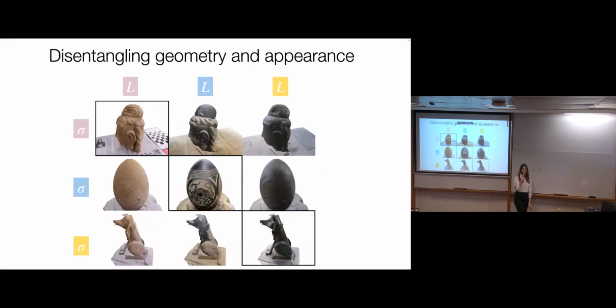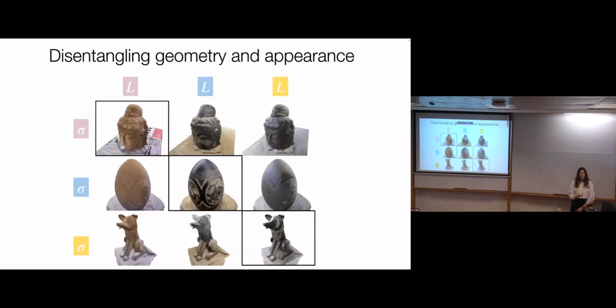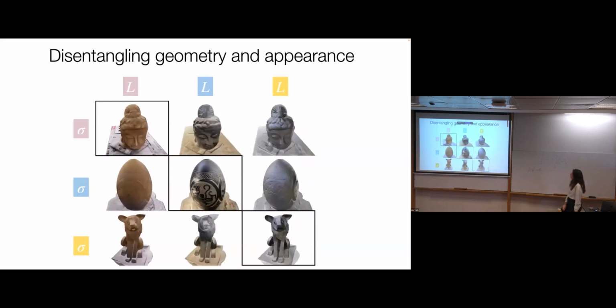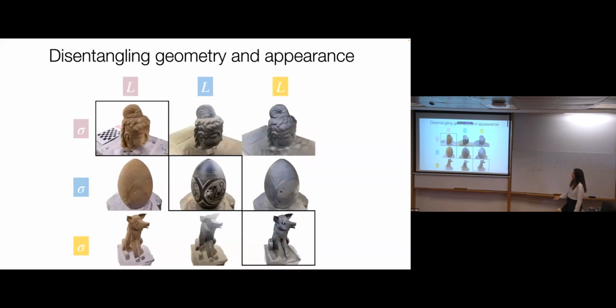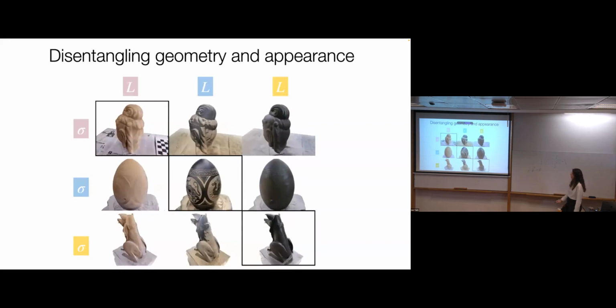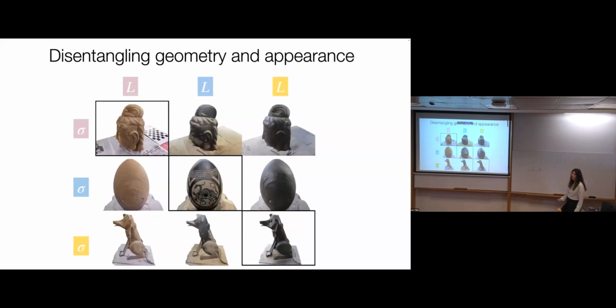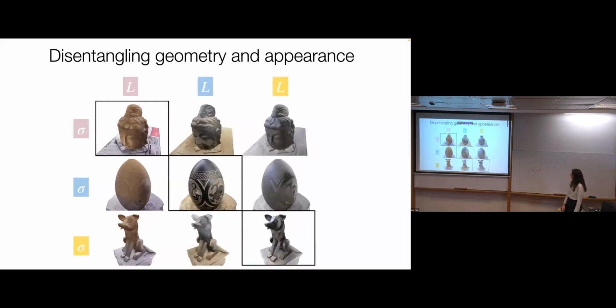So you can see that we still can switch between and render different geometry with a different renderer, and have this generalization that states that our geometry is really well reconstructed and is not depending on the view, on the appearance model.